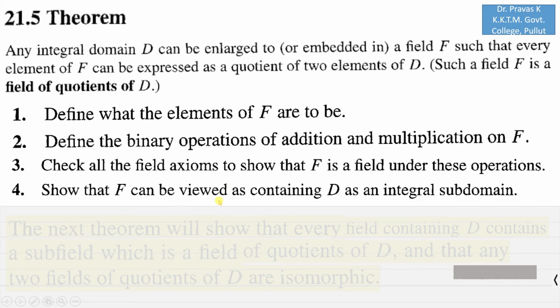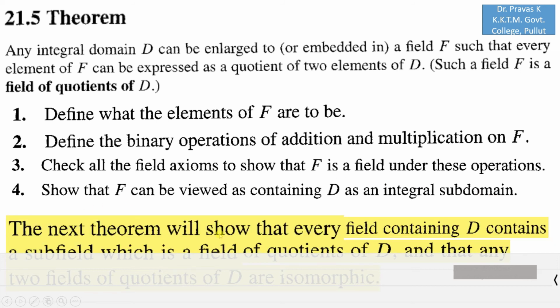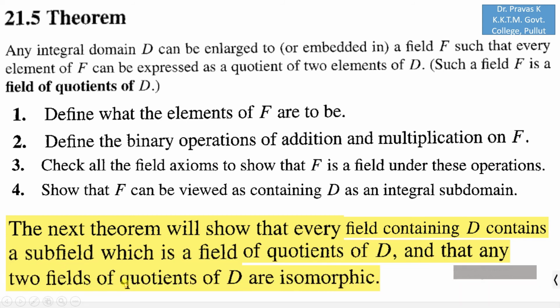In the last lemma we proved that capital D is contained in capital F using the map I. Now in the next theorem we will show that every field containing capital D contains a subfield which is a field of quotients of capital D, and that any two fields of quotients of capital D are isomorphic.